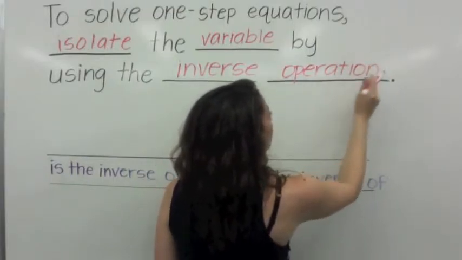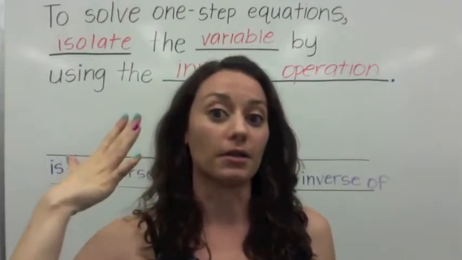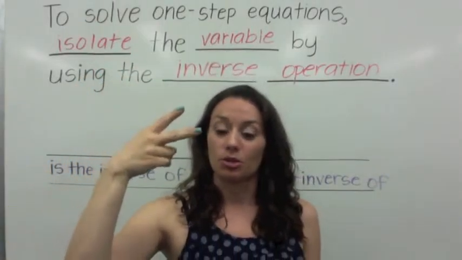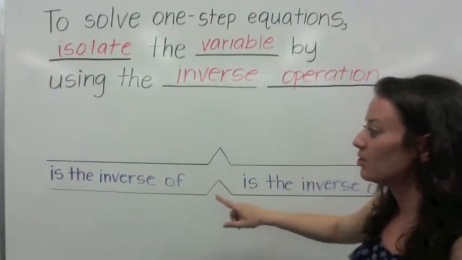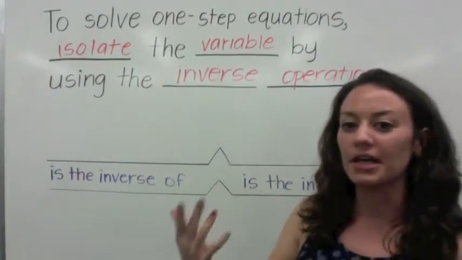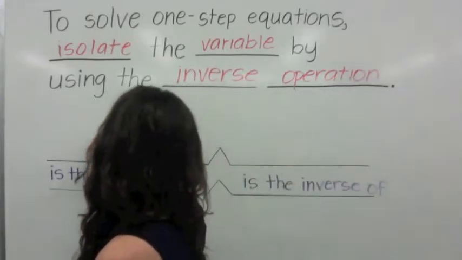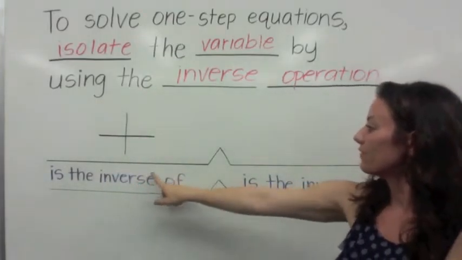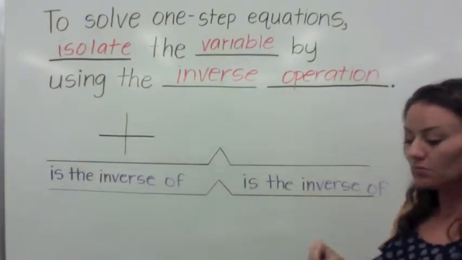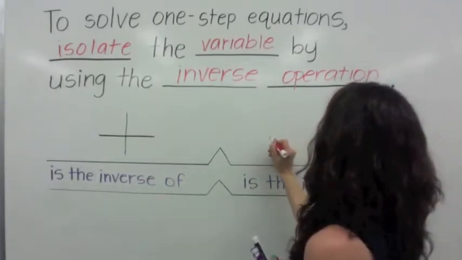Okay, and you've all heard the word operation in order of operations, right? You have addition, subtraction, multiplication, and division. This is a bridge map, and a bridge map is designed to show relationships. So let's talk about inverse operations. What is the inverse of addition? Subtraction, that's right.